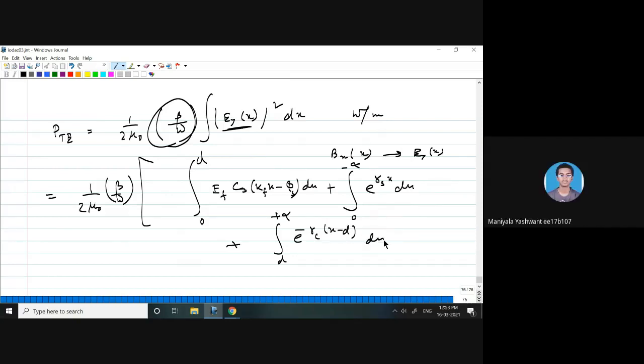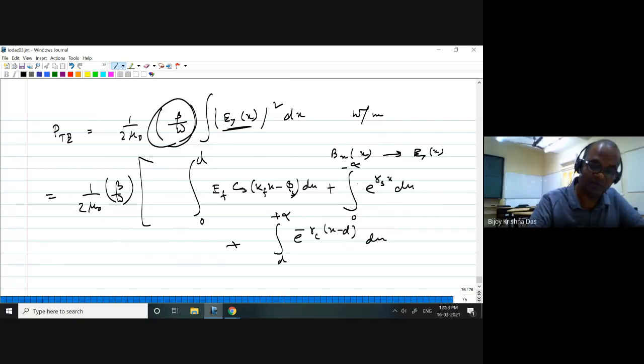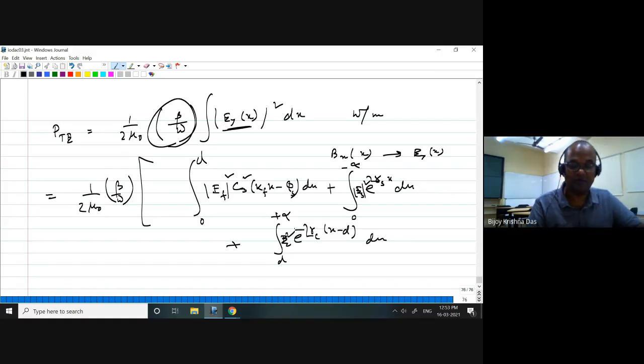Modulus square, Es square, and Ec square.